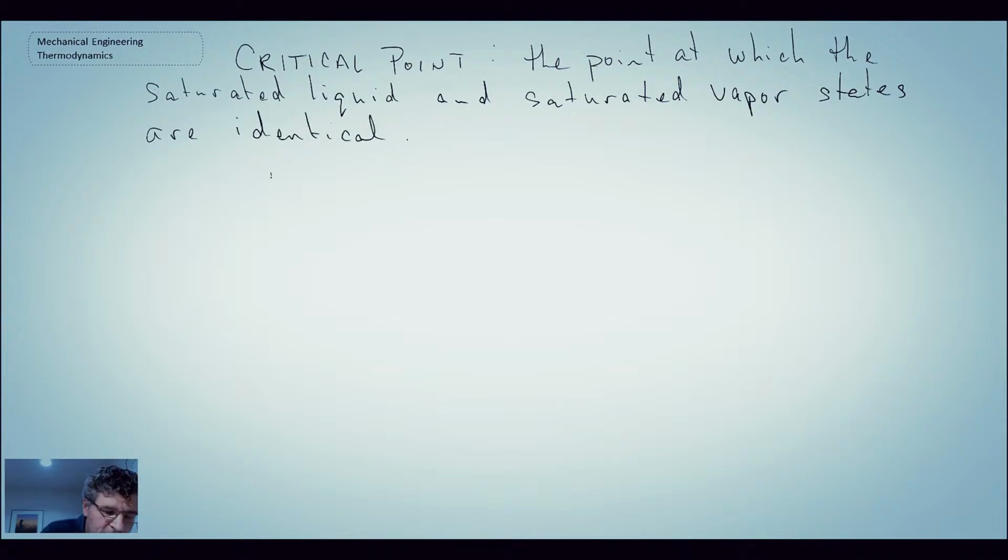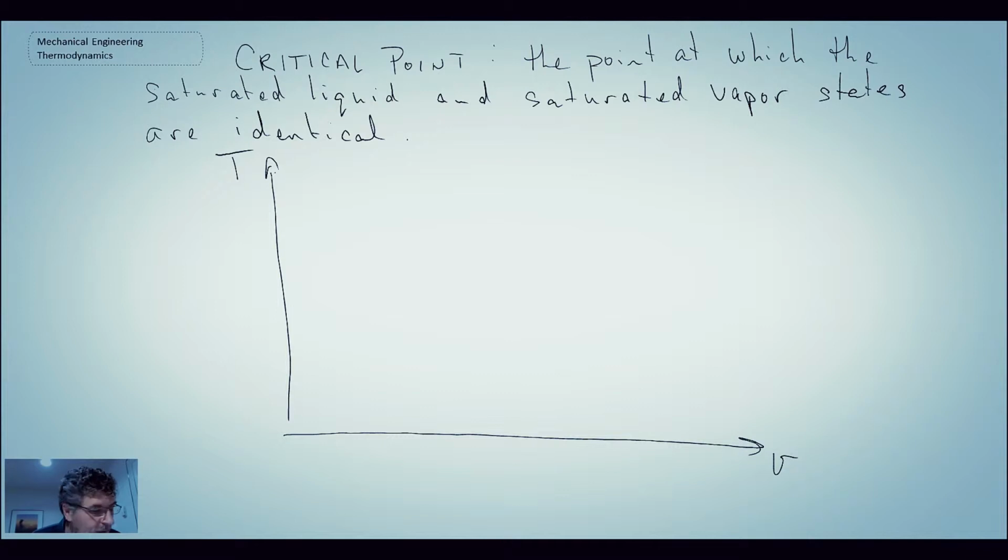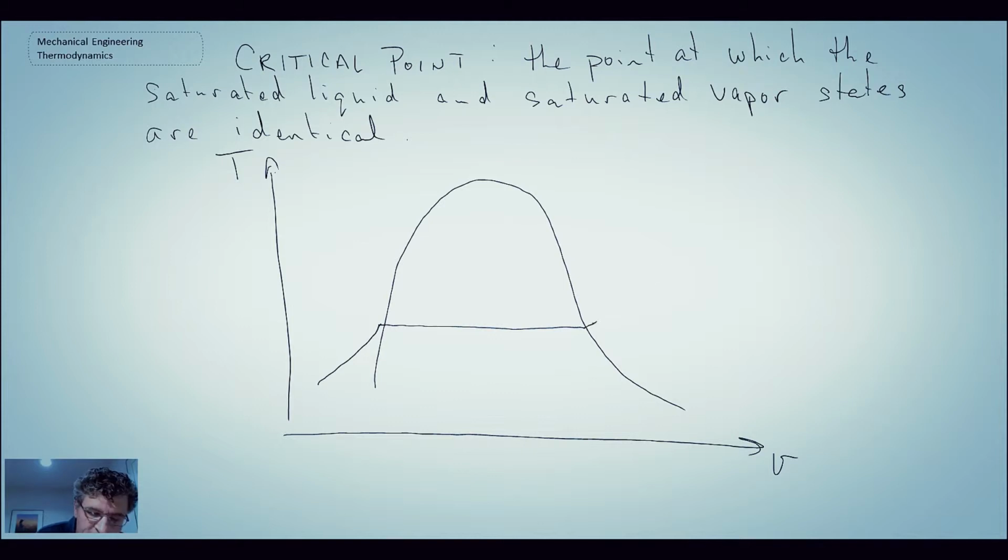If you look at this on a T-v diagram, let me just sketch it out here. On the vertical axis we have T, on the horizontal we have v, denoting your specific volume. We talked about the two-phase region, so it might look something like that. You have constant pressure lines coming across, you go through a phase change, and then you move up into superheated vapor.